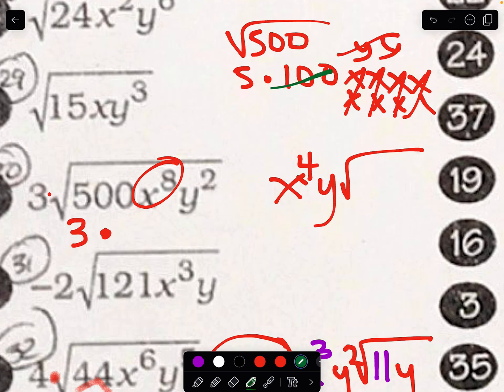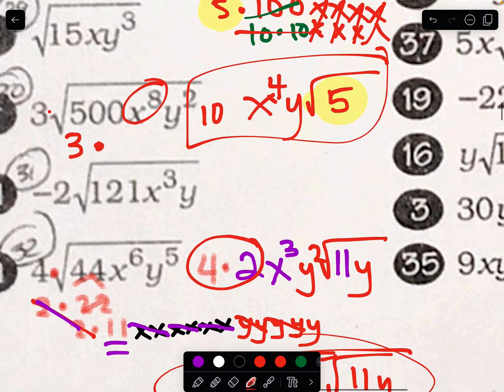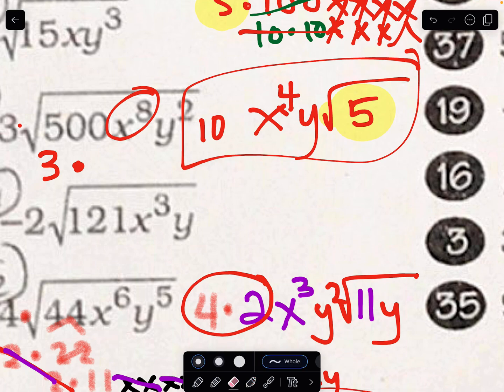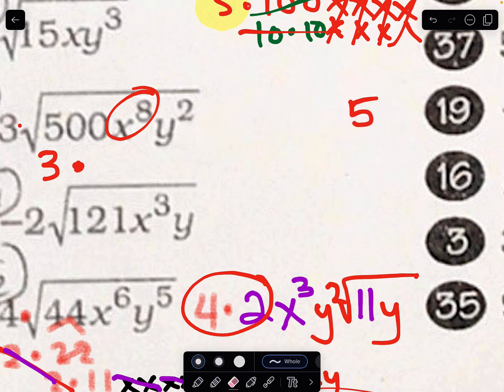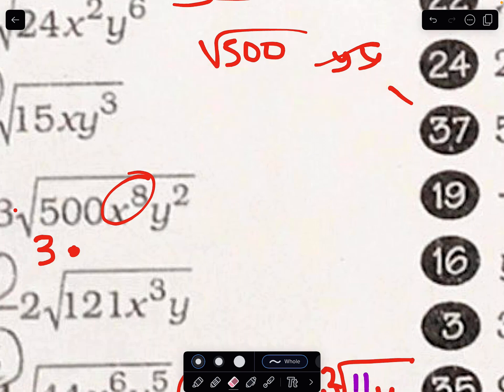Now 100 is 10 times 10. I can stop here because that pairs up, so 10 there. And what's left is the 5 inside. Like that. Okay. And then cross out the answer on there.